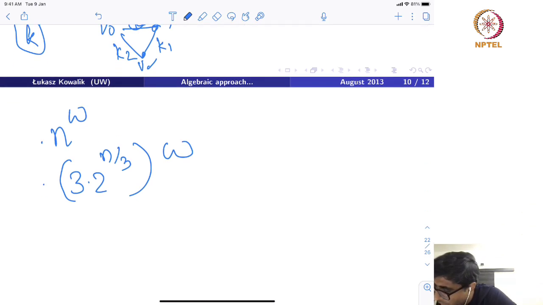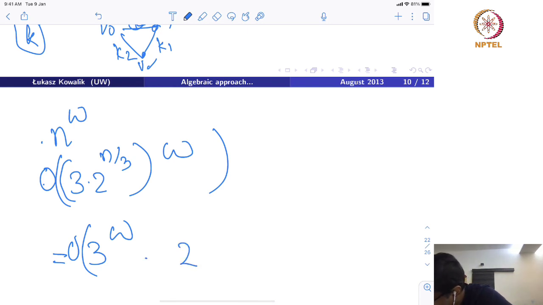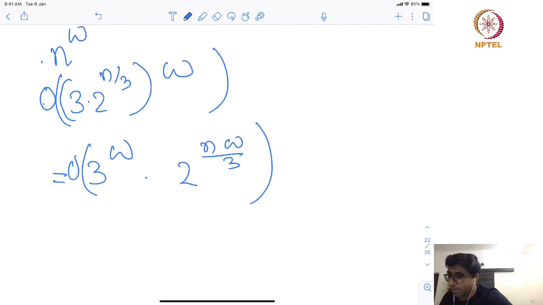So this is equal to, if you notice, 3 to the power, of course there is some big O here, 2 to the power n omega divided by 3, right. Now we know that omega is strictly less than 3.